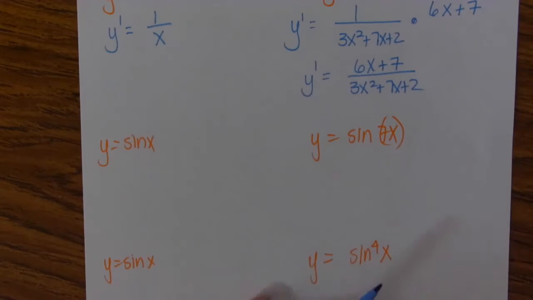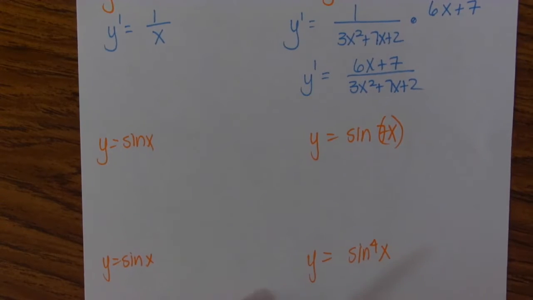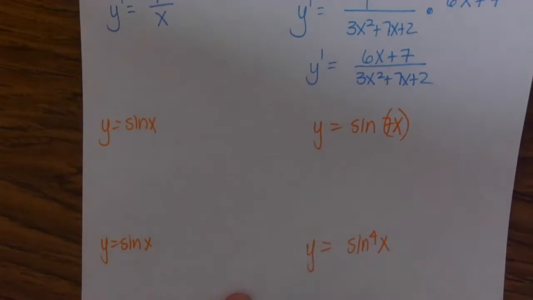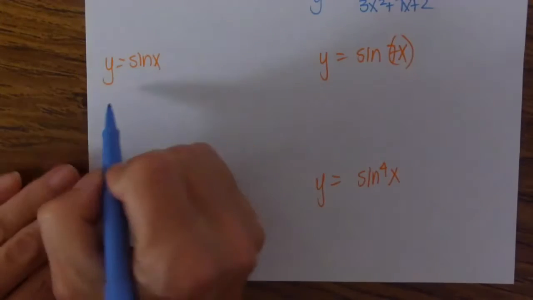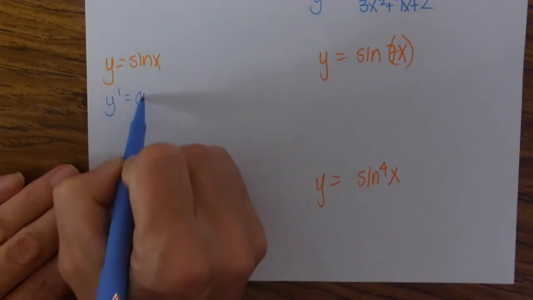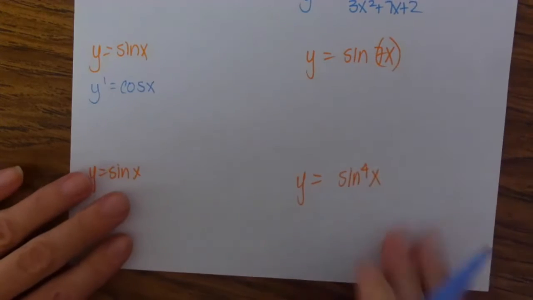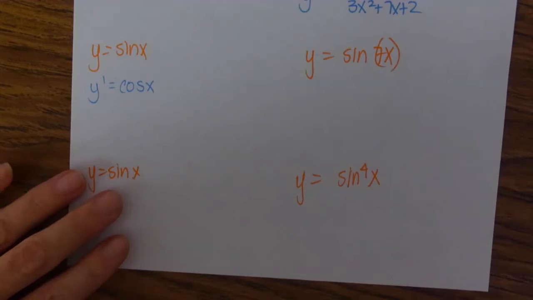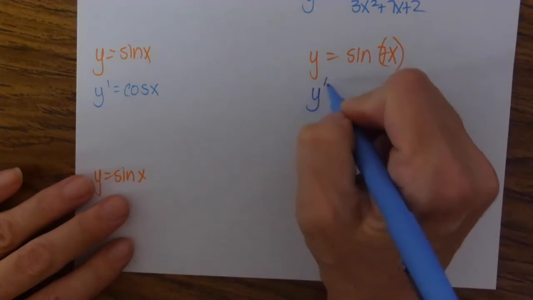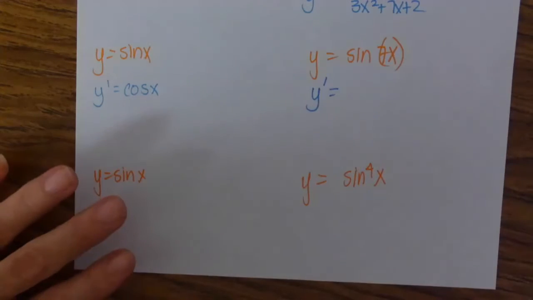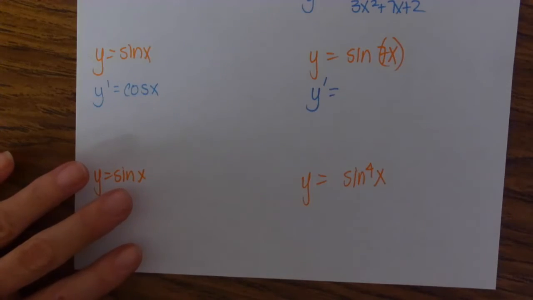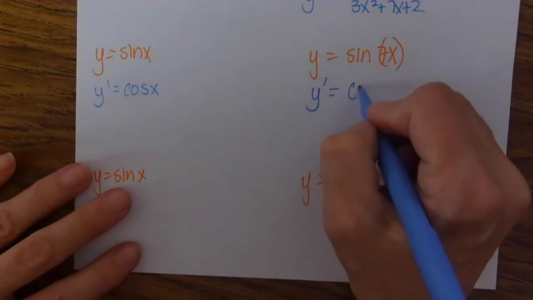And we'll practice more. All right, what's the derivative of sine x? What's the derivative of sine? Cosine. So now we have sine of 7x. So now I'm going to say the derivative of the outside, and the outside is sine. So the derivative of sine will be cosine.